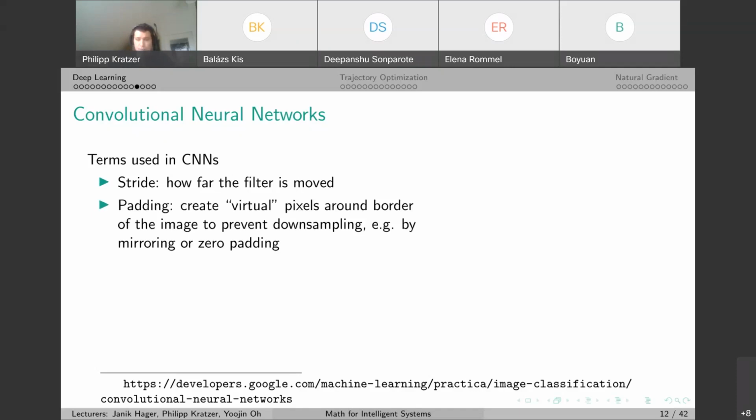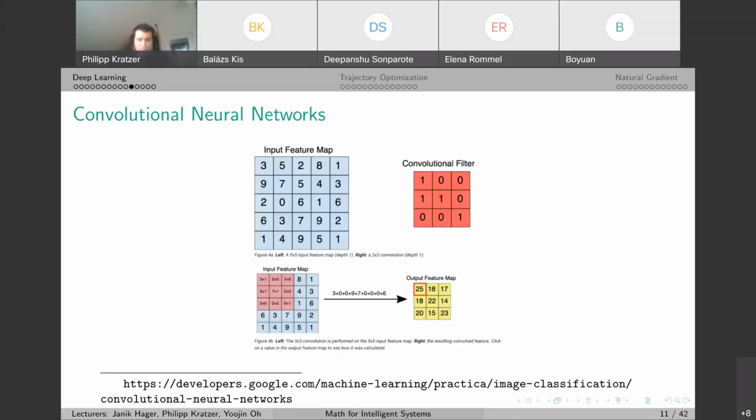Then there's padding. The problem that we have also seen here is that the initial image is larger, and here it becomes smaller because we don't apply the filter here, since that would go over the border.